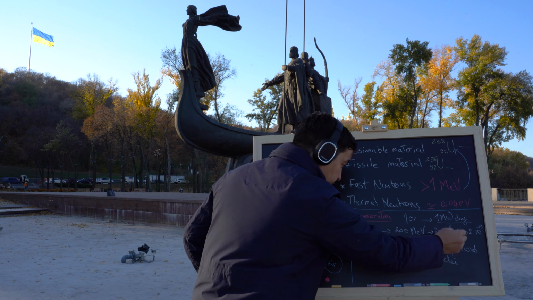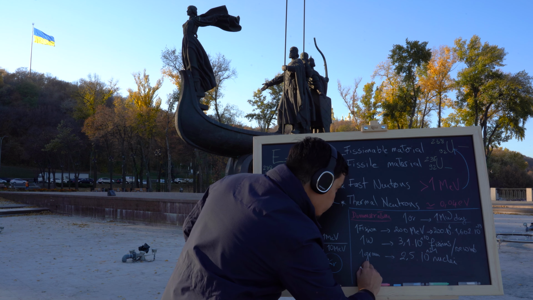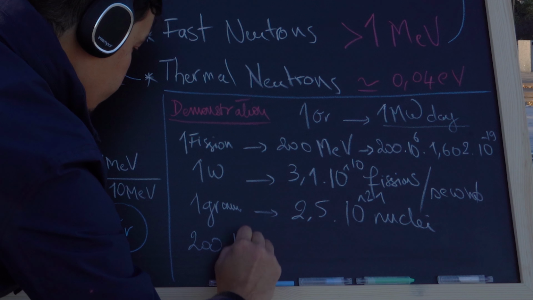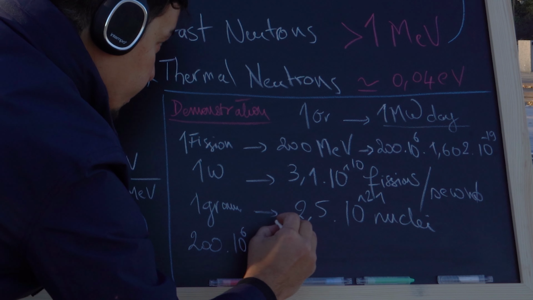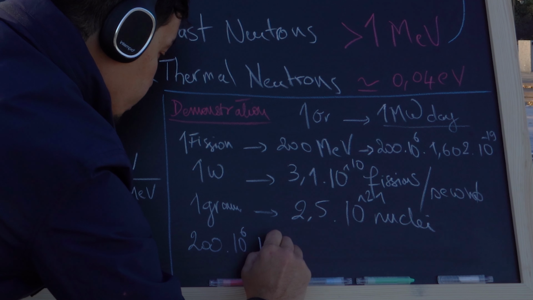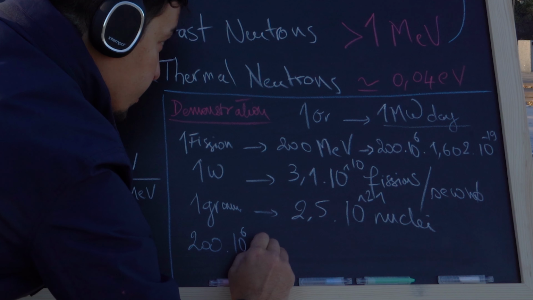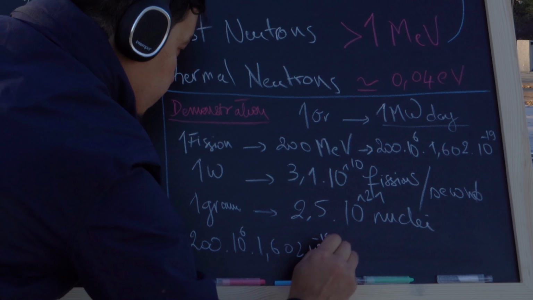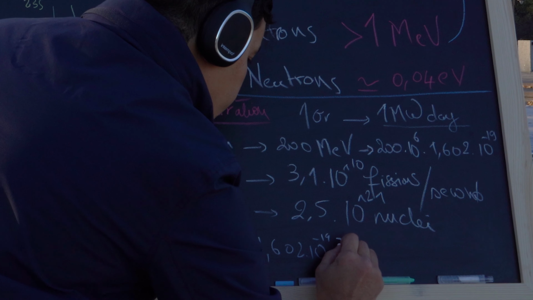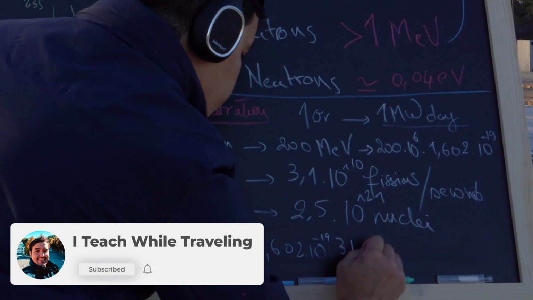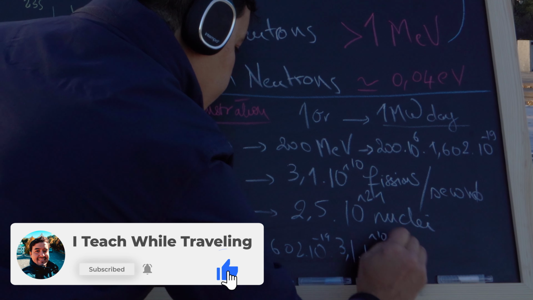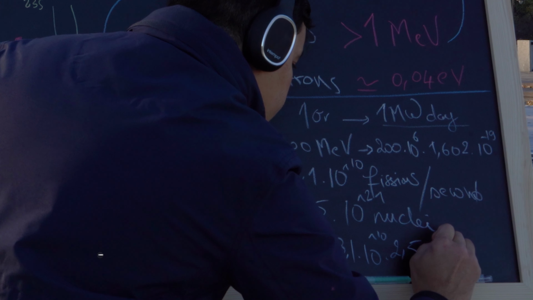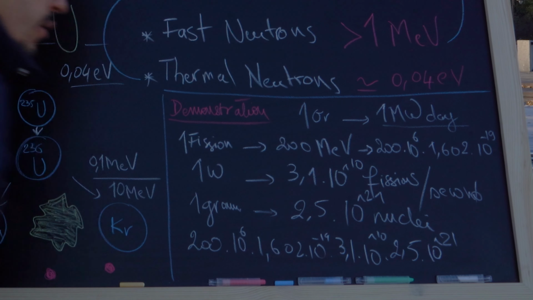In fact, if you multiply all of this, let's do it. So you have 200 mega electrovolt multiplied by 1.602 × 10^-19, multiplied by 3.1 × 10^10, then multiplied by 2.5 × 10^21.